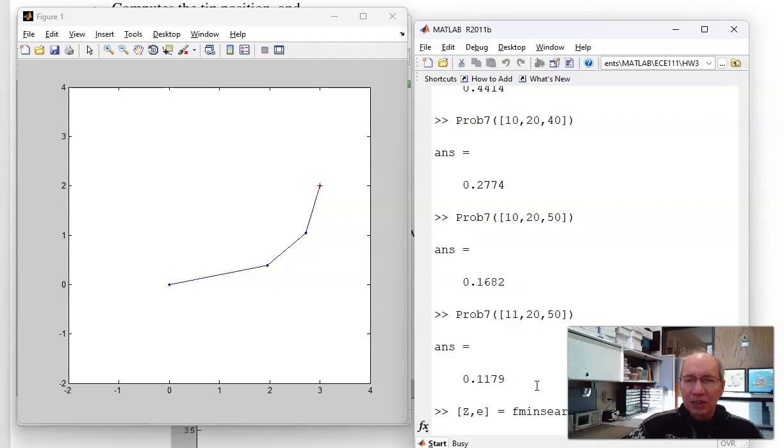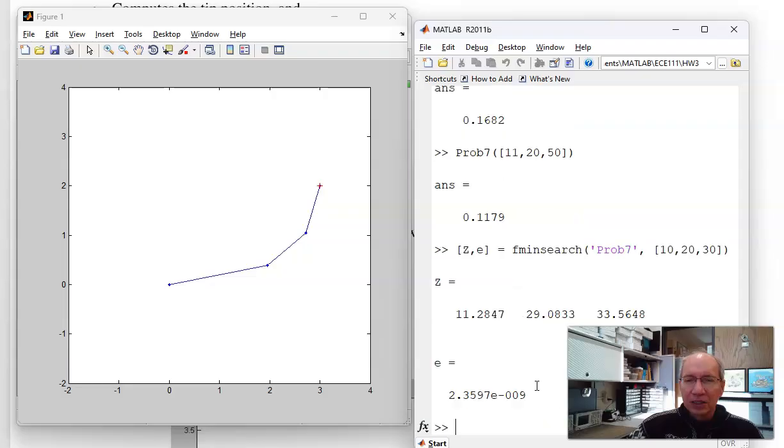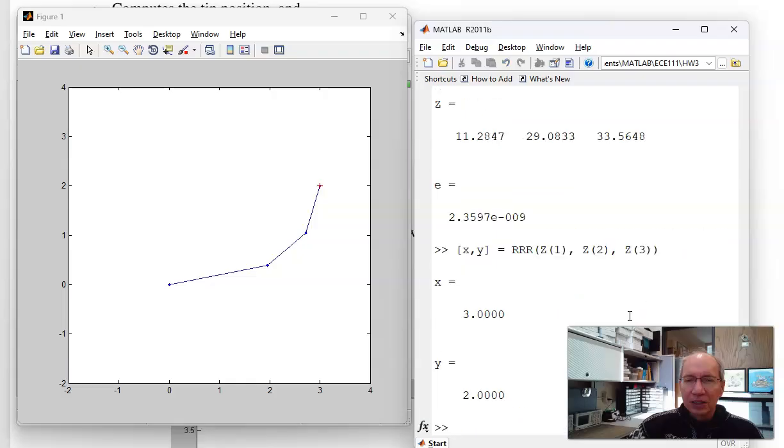It found an answer, and from here it says the answer is, drum roll, eventually kicks out theta 1, theta 2, theta 3. And I can check that. Here's the first angle, here's the second angle, here's the third angle. If I do that, I'm at 3,2.